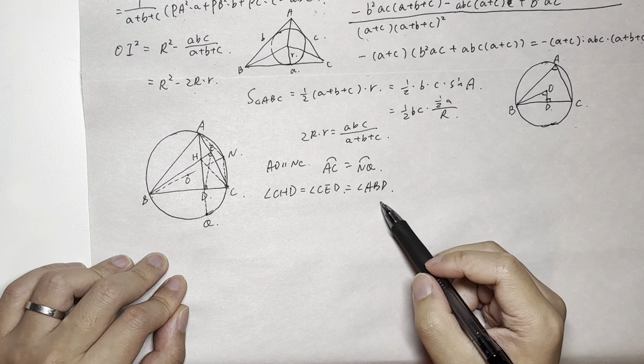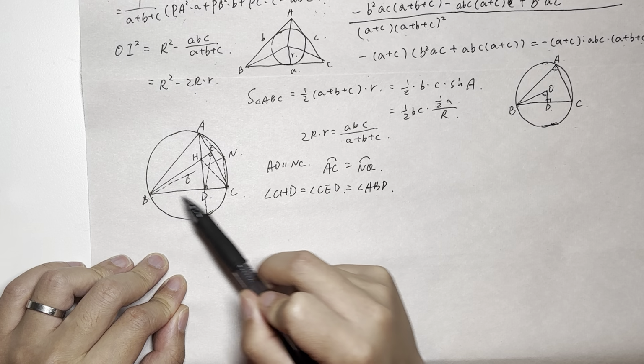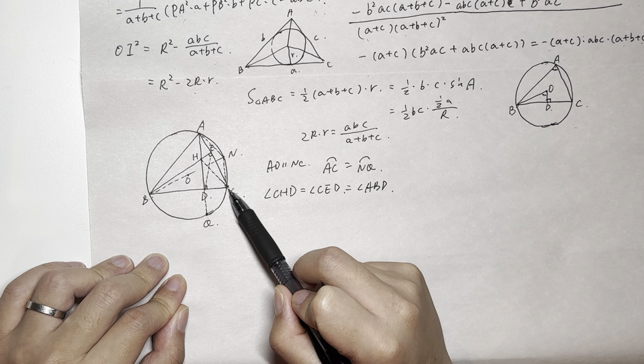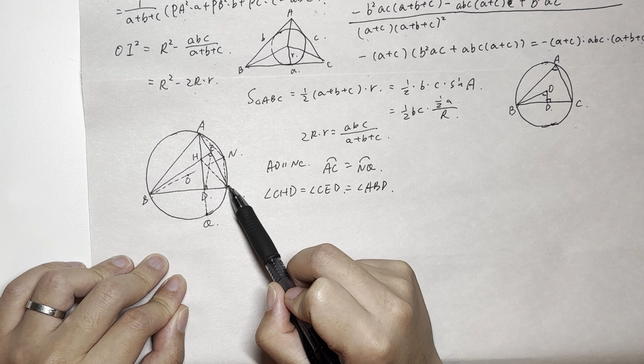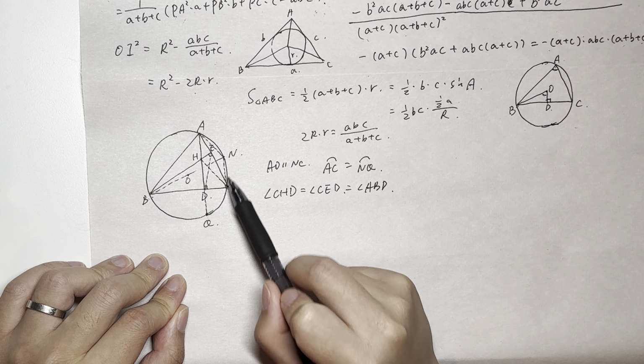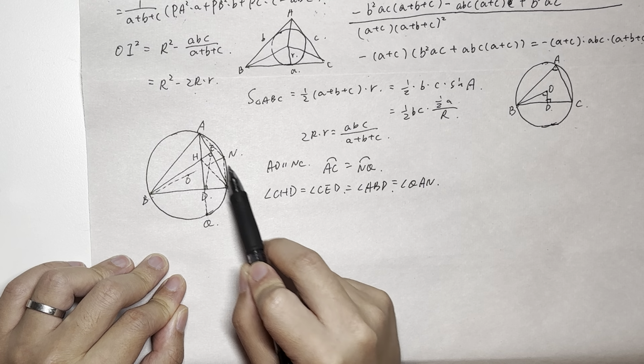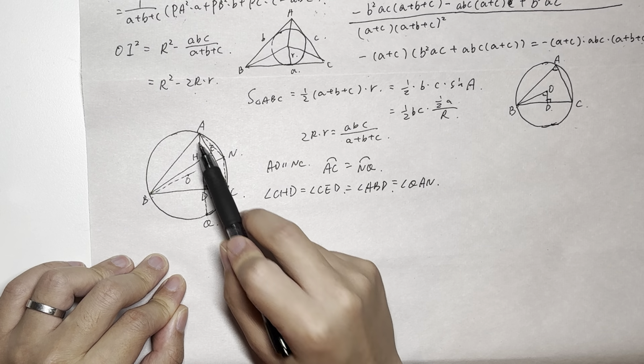And we know that angle ABD is exactly the same angle as angle ABC, right? Angle ABC, referring to the arc AC, should be equal to the angle referring to the arc NQ, which is angle QAN. So we get angle CHD equals angle QAN.